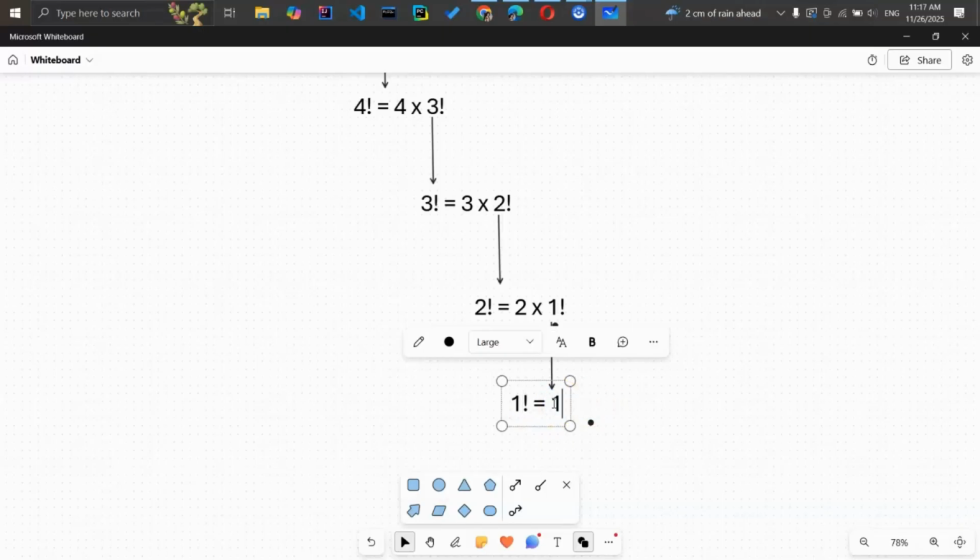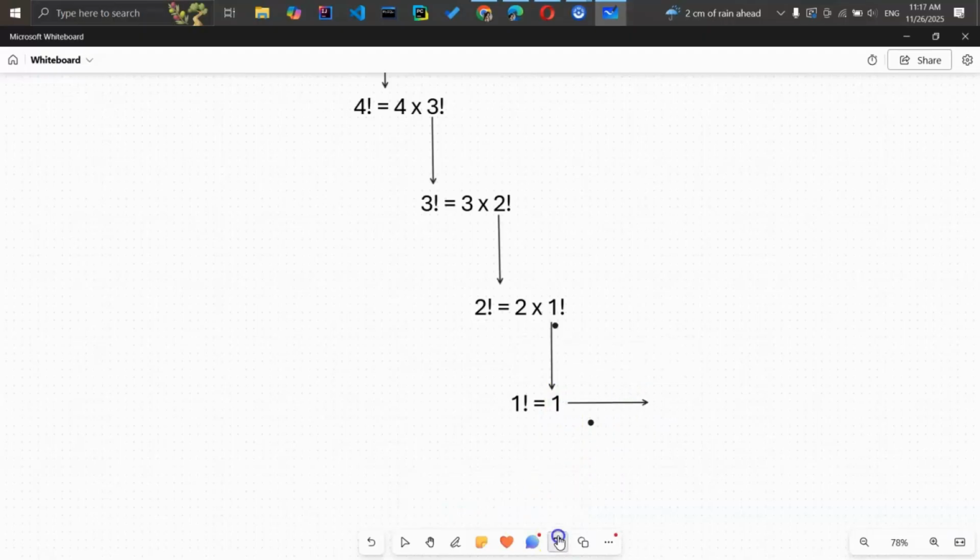Factorial 1 equals 1, right? This is the base case for factorial, right?